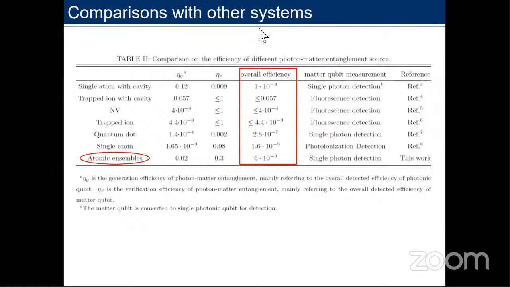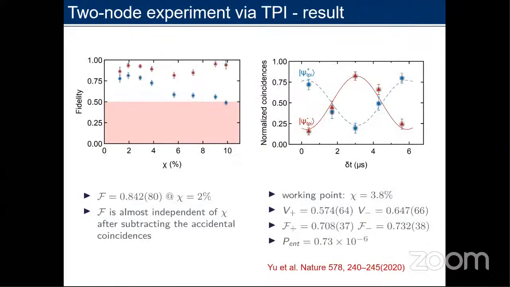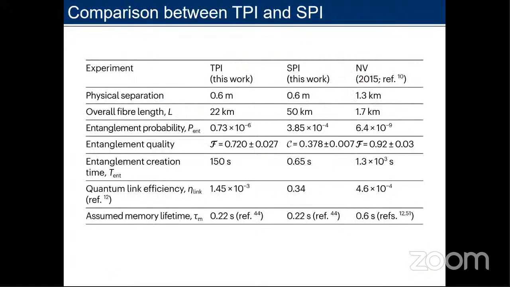I noticed it was 0.22 instead of 0.6 for NV. Okay, just a minute. I will switch to the slide. Okay, so here, you mean that the lifetime of the atomic ensemble is shorter than NV centers, right? Yeah, it's slightly shorter.